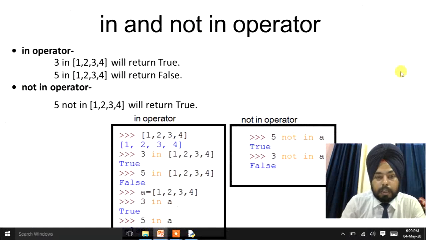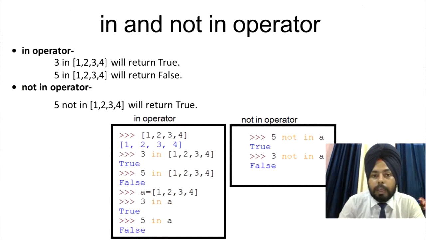Our next topic is the in and not in operators. The example is also given here. The in operator means we can find a value in a list, and with the help of the not in operator we can also check for values in a list.